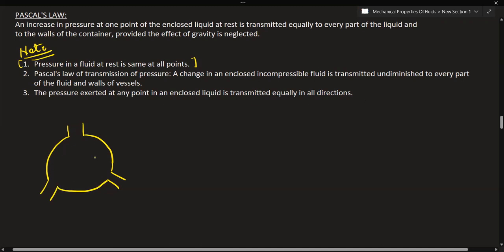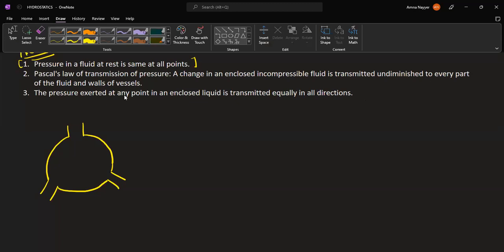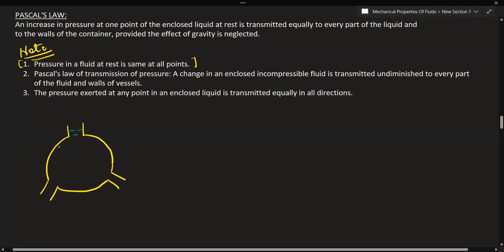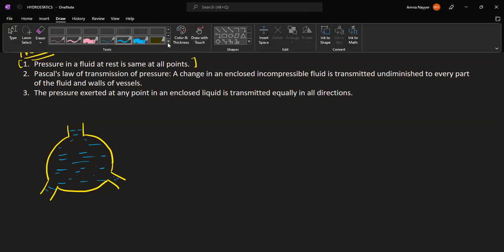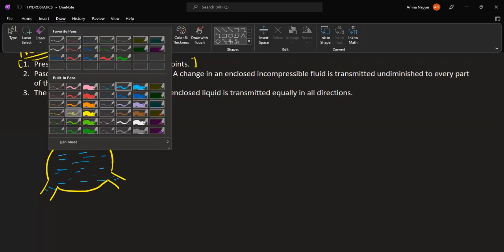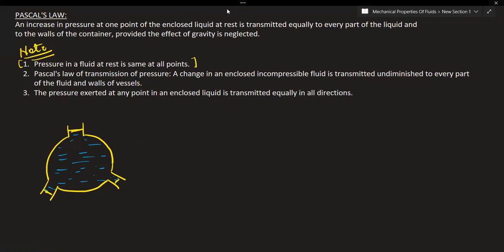I have taken a spherical vessel. For example, I've taken this spherical vessel and I have filled it with a fluid. This is one level of the fluid, this is the second surface, and this is the third.